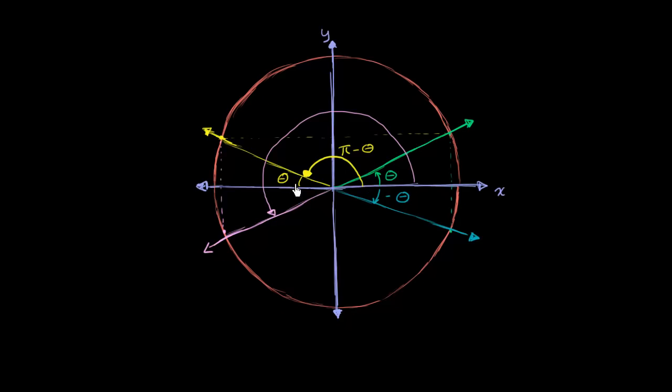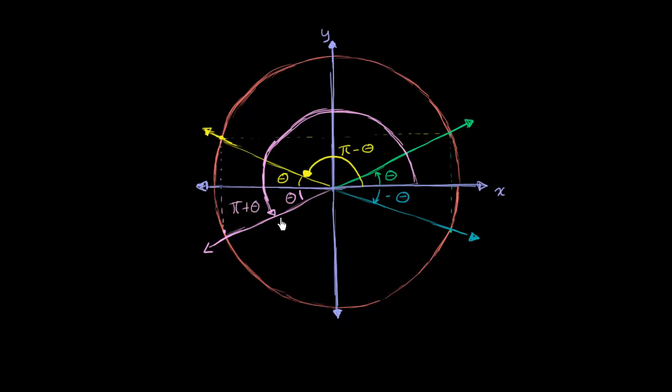Well, to go this far is pi, and then you're going another theta. So you're going pi plus another theta. So this whole angle right over here is pi plus theta radians. So pi plus theta, let me just write that down.